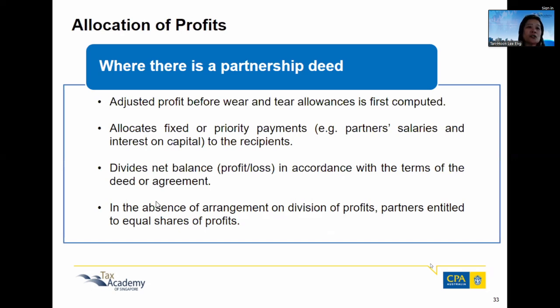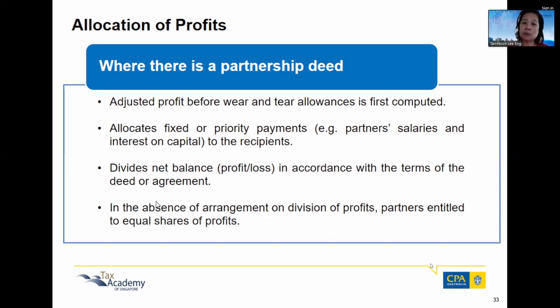Okay, allocation of profit. How do we allocate partnership profit? As we know, at the partnership level we don't tax; we only tax once the share of profits is allocated, taxed in the hands of the partners. So how would we allocate? First of all, take note that it has to be adjusted profit.